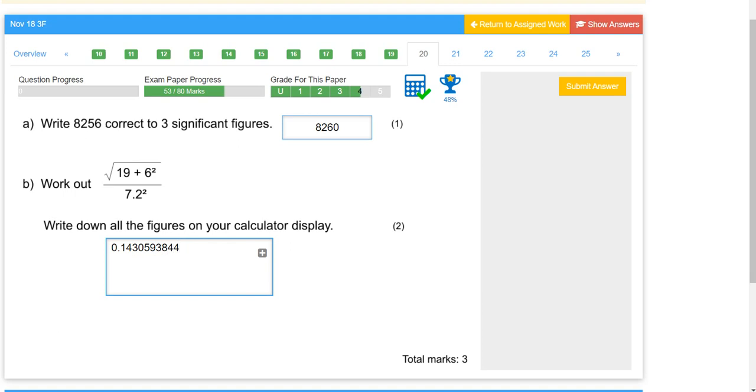Just check that one again, looks good. And notice you're not meant to round it. If you round that, you won't get the marks. It wants to see, can this student put it in accurately? Now, if your calculator has more figures, that doesn't matter, it's fine.